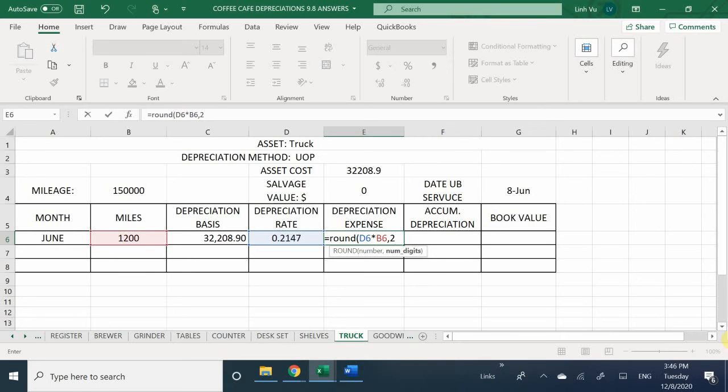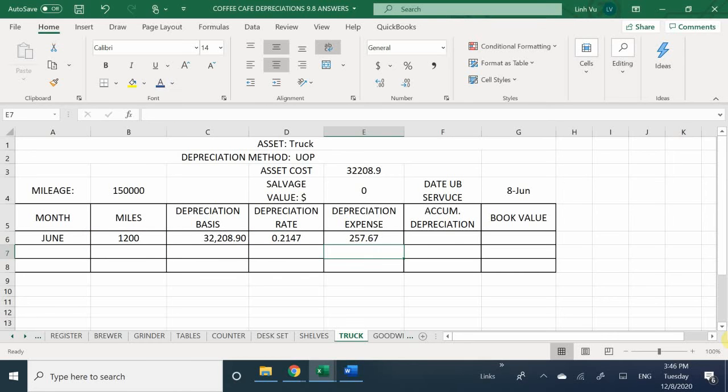Great. Okay. $257.67. And in this case, is this one going to be time sensitive? Do we care how many miles we did, is this a year rate, in other words, is this time sensitive?